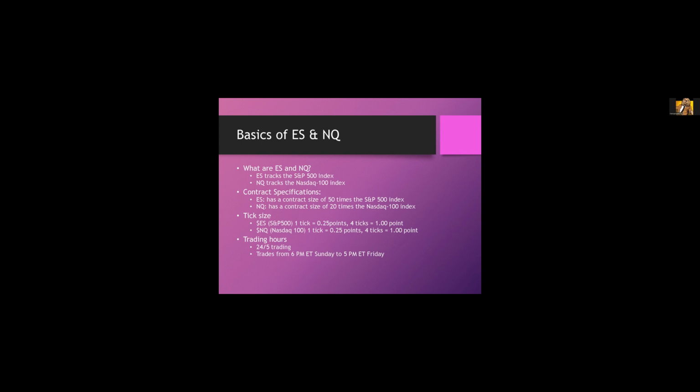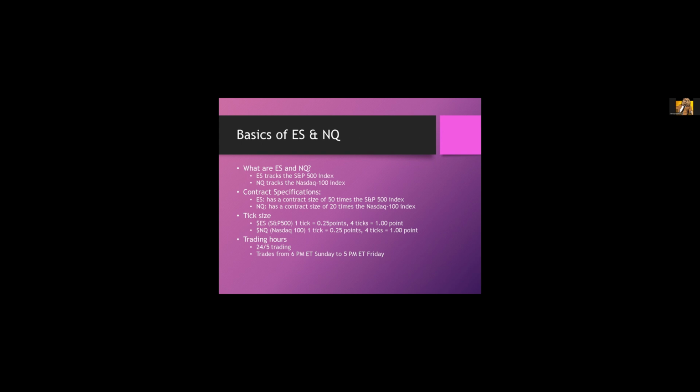In futures, we move in increments of ticks or points. One tick on ES is equivalent to 0.25 points. Conversely, to get to 1 point or a dollar move, it requires 4 ticks, right?